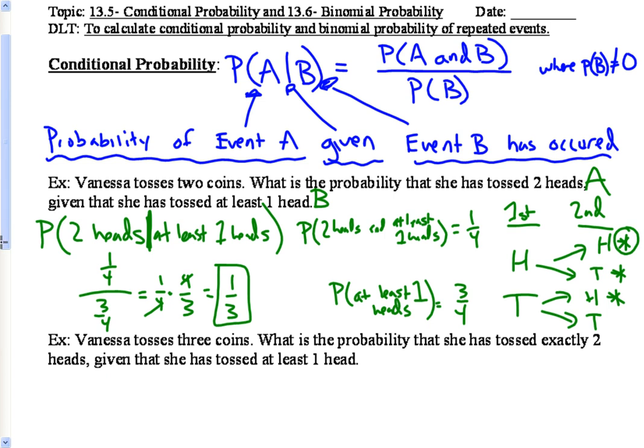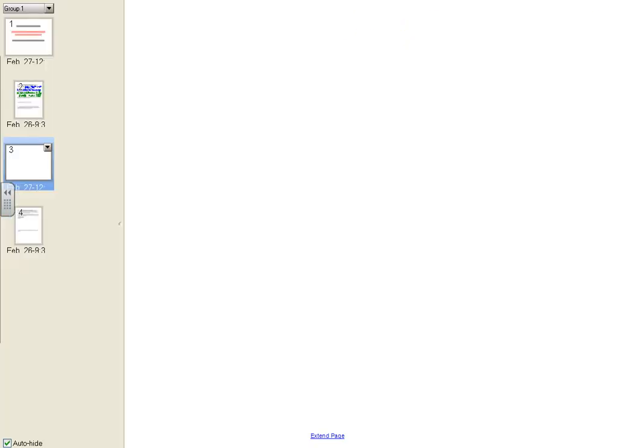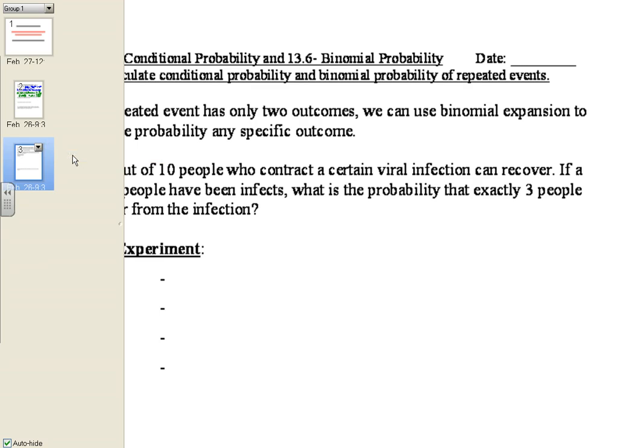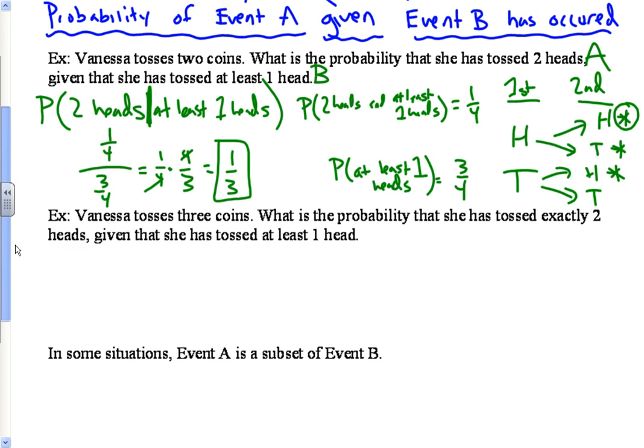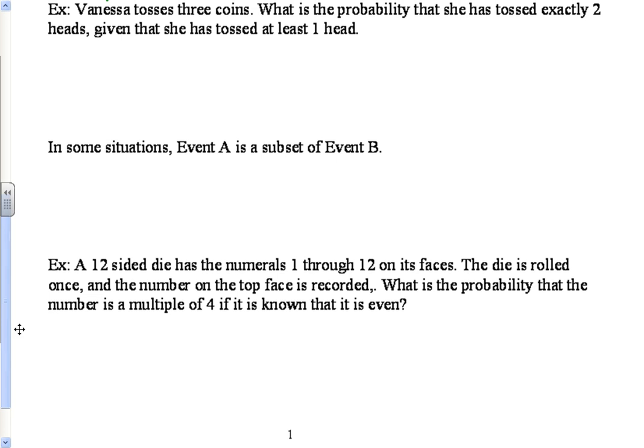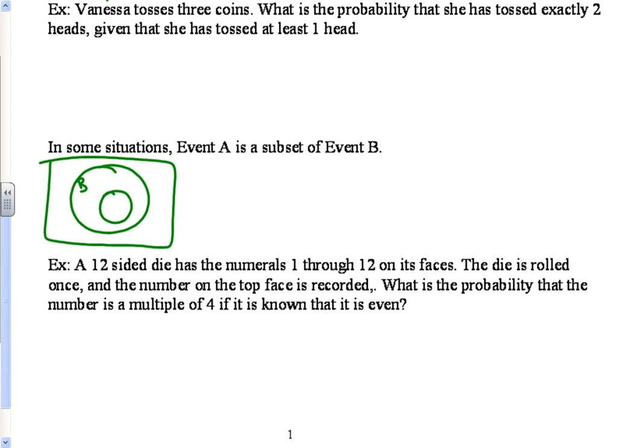So in this case, event A is a subset of event B. If we think about all the possible outcomes, if event B is at least 1 heads, the only way to get 2 heads is to have at least 1. There's no way to get 2 heads if you didn't have at least 1 heads first. So in this case, event A is a subset of event B.